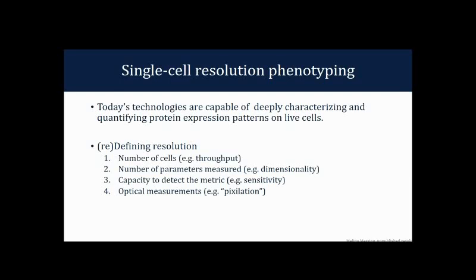With fluorescence cytometry, this would be the sensitivity of the detector to the fluorophore. In mass cytometry, this is the sensitivity of the detector to the actual mass of the atom. And then there's the traditional one, we can't forget about pixelation when we're looking at the optics that go into the more traditional framework of resolution, especially with microscopy.